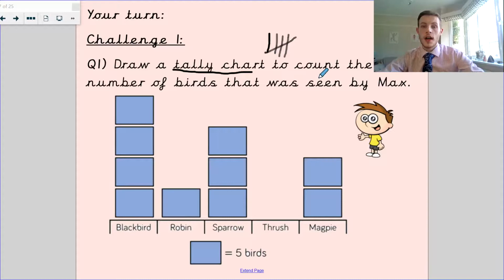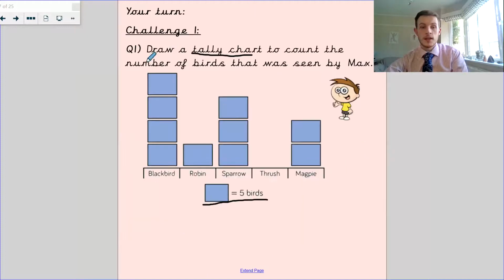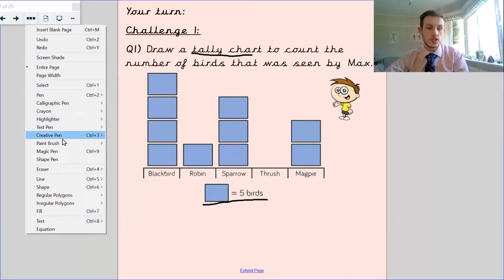So you need to draw a tally chart. It says that each one of these squares or rectangles is worth 5 birds. So how many blackbirds were there? You need to draw the table, and the table might look something like this.